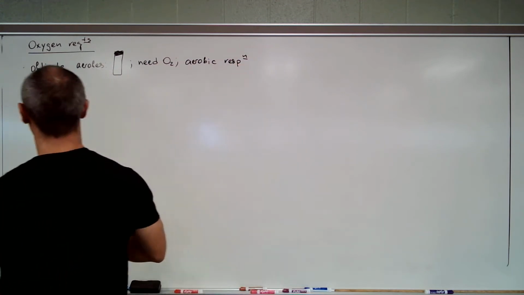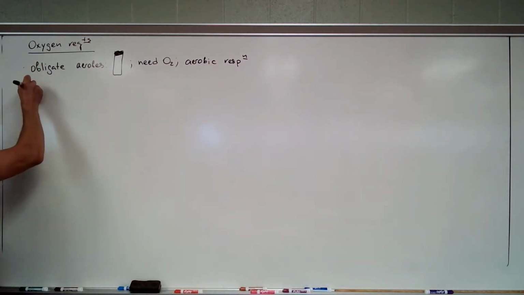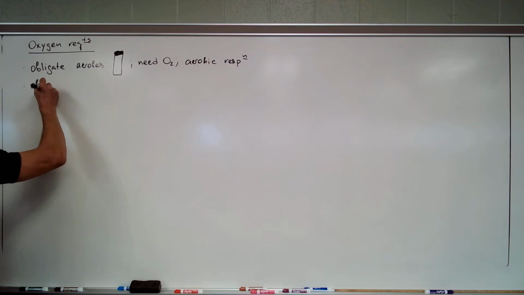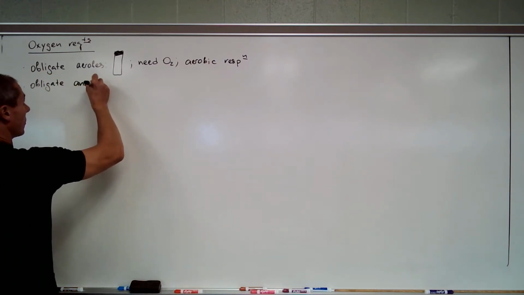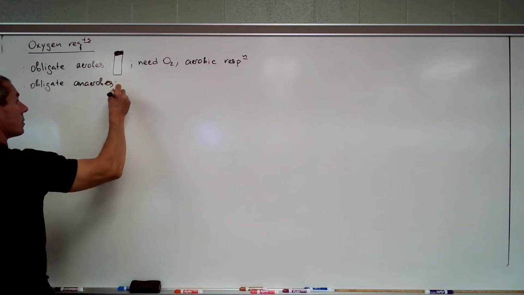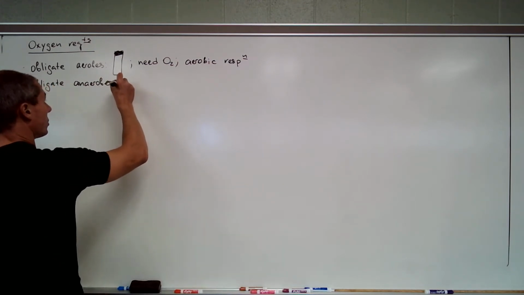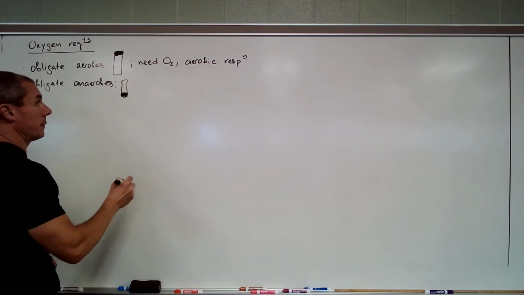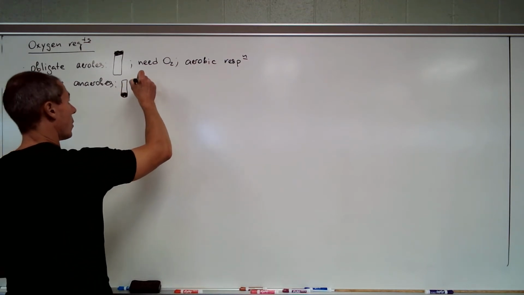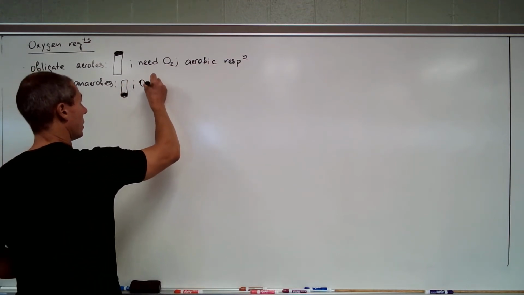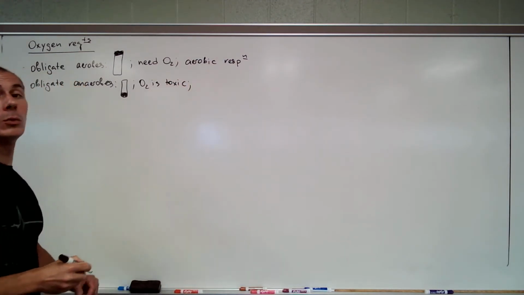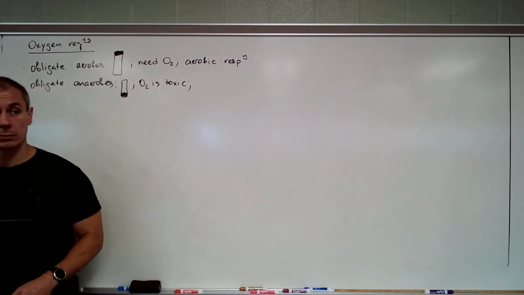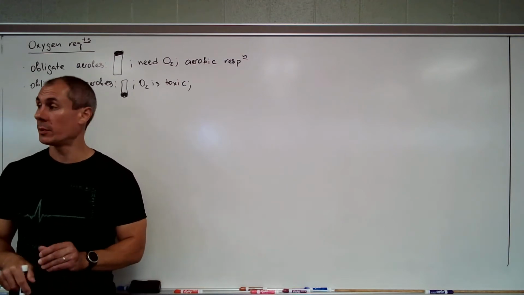Okay. Then you have obligate anaerobes. So these fellows will grow at the bottom of the tube, right? Oxygen is toxic for them. What kind of metabolism would they use?